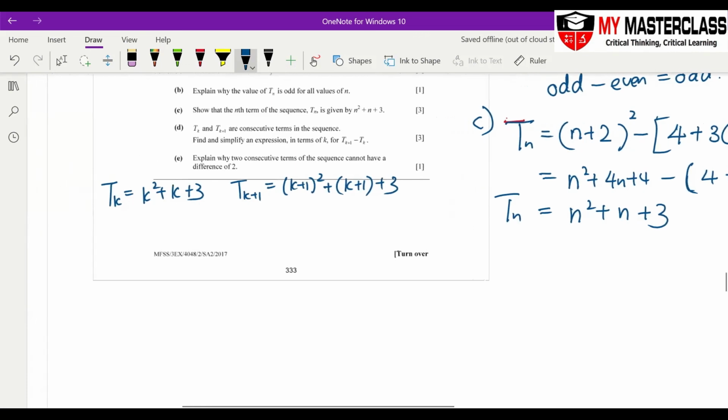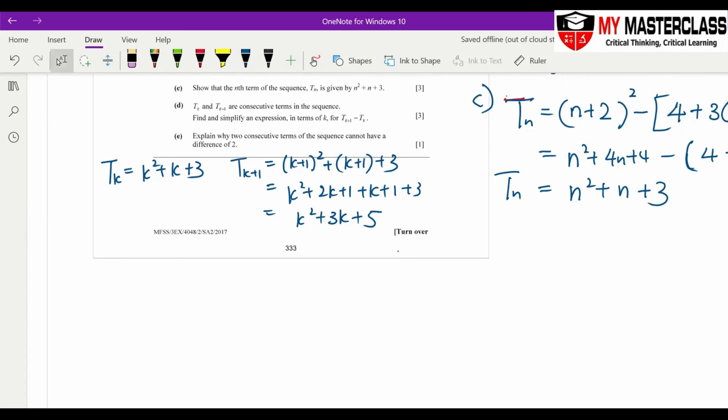Okay, let's simplify this first. This is k squared plus 2k plus 1 plus k plus 1 plus 3, which is equal to k squared plus 3k plus 5. Okay, actually what do Tk and Tk plus 1 mean? Tk plus 1 means the next term after Tk.